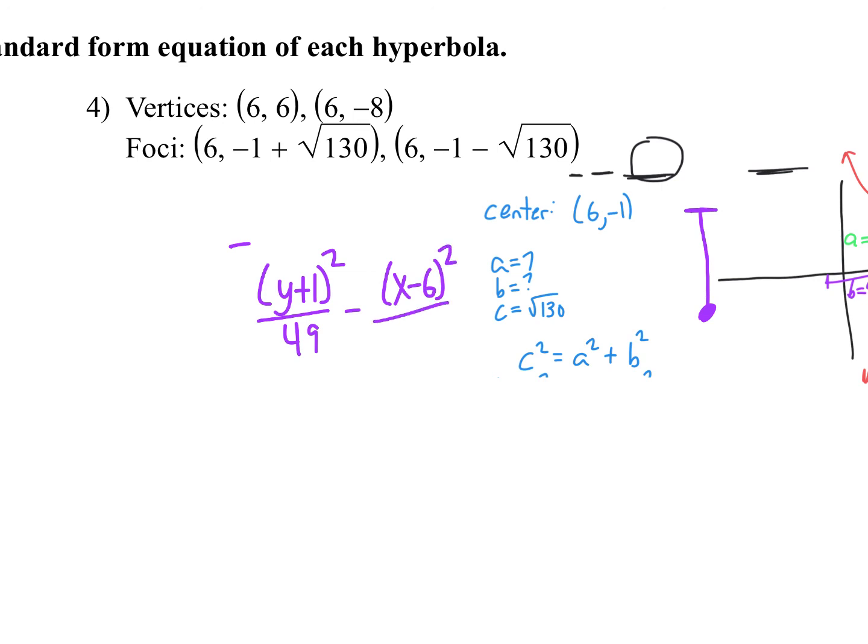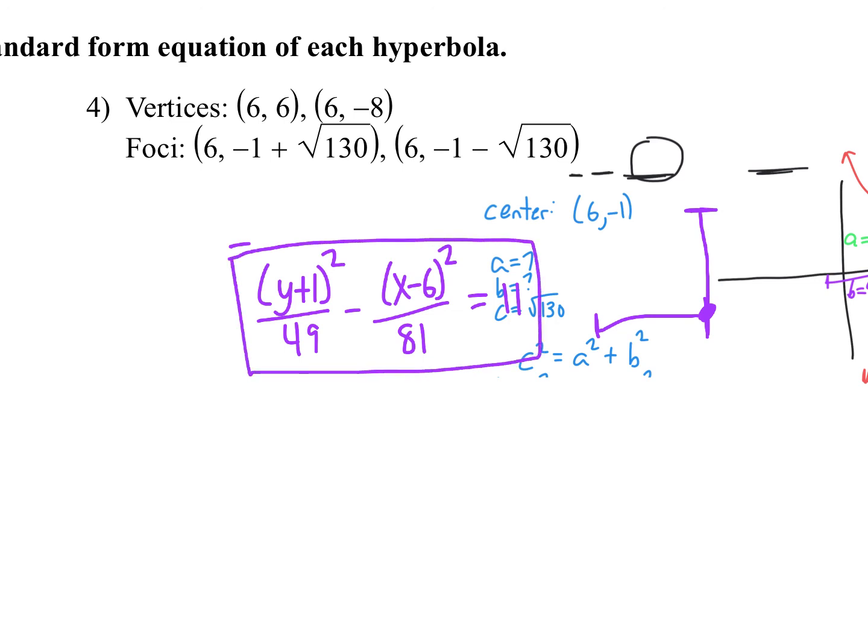Okay, and that distance we found from the center to the x sides is 9, so 81 under there. And hyperbolas always equal 1. So that's the equation of this hyperbola.